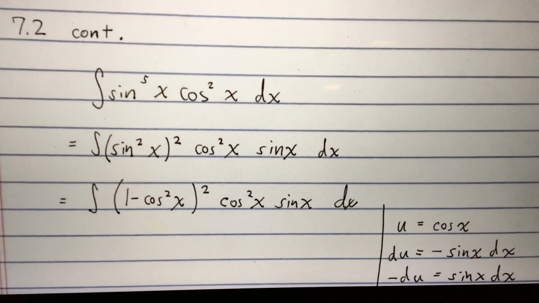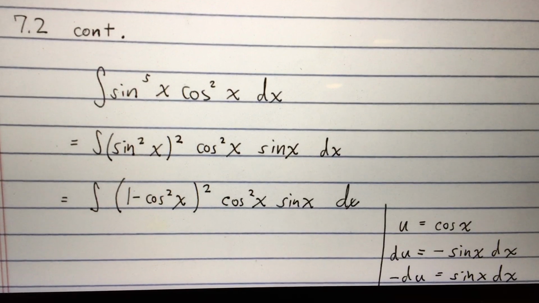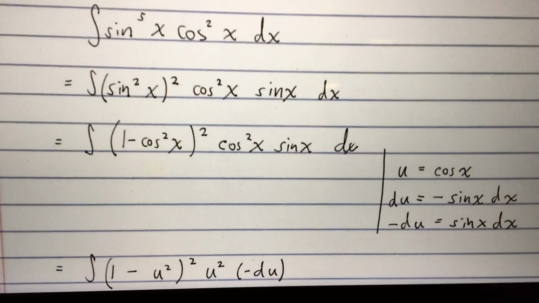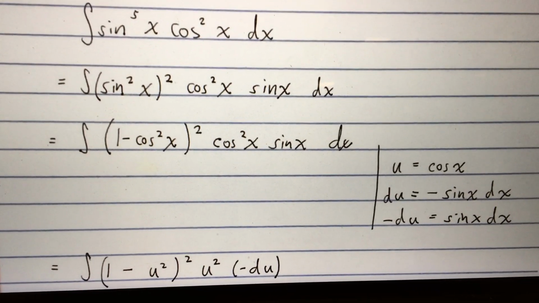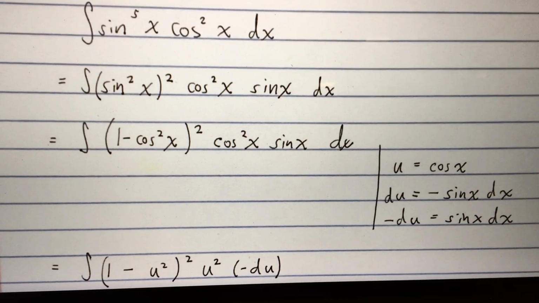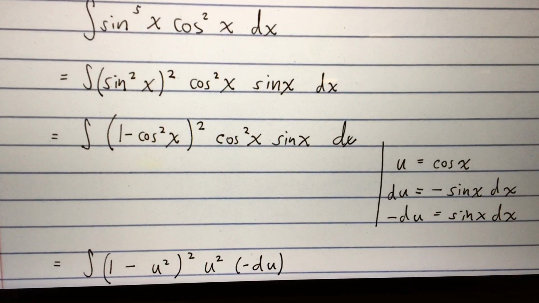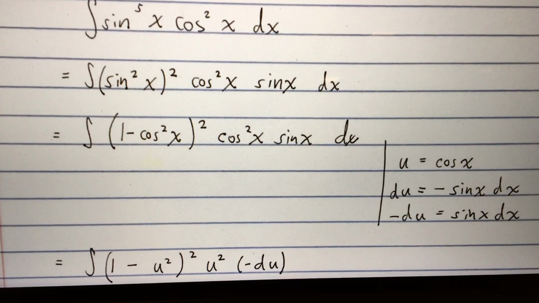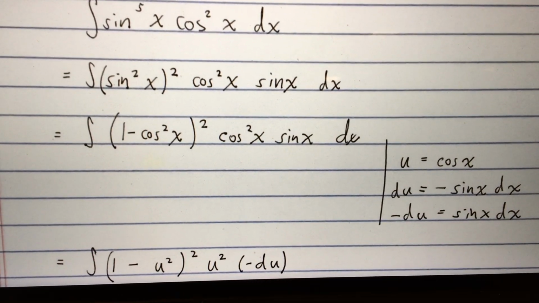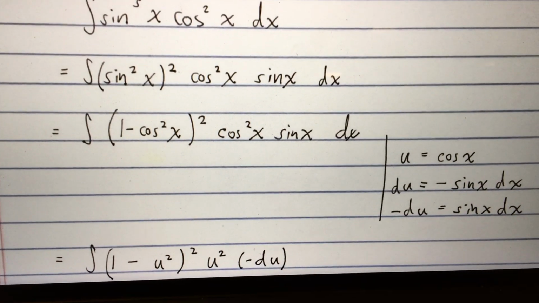All right, now that trig identity works nicely because if I let u equal cosine x, then du is going to be negative sine x, so I'll have to keep track of that minus, and negative du is equal to sine x dx. That lets me deal with the whole problem using u substitution.